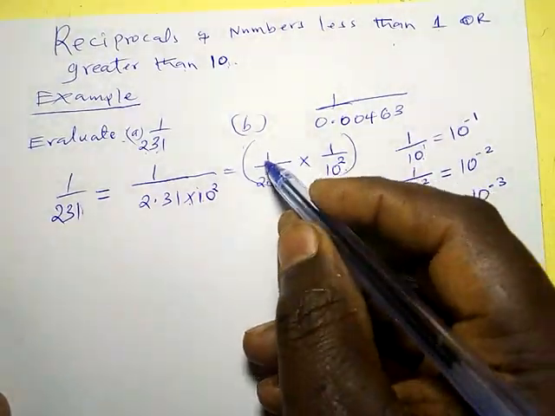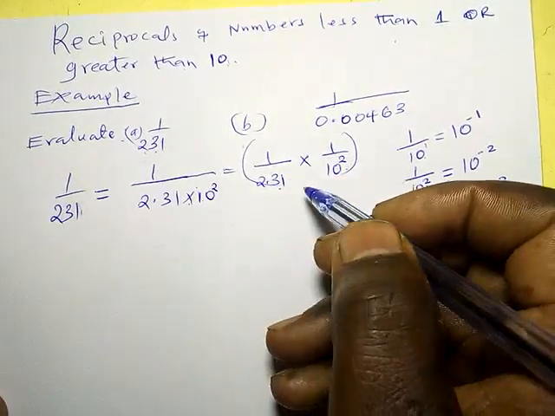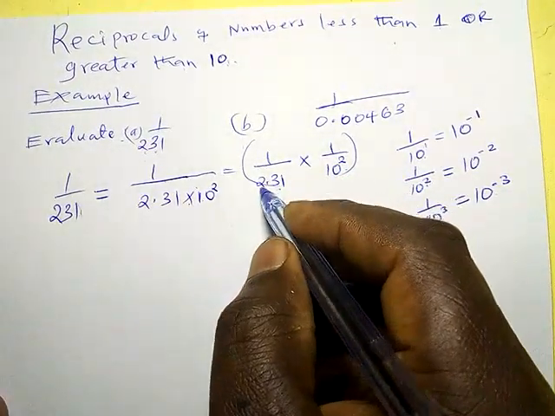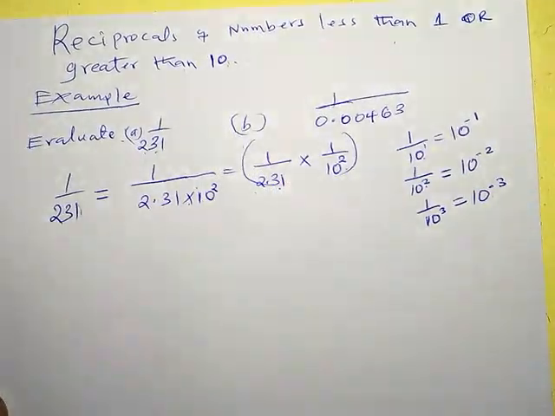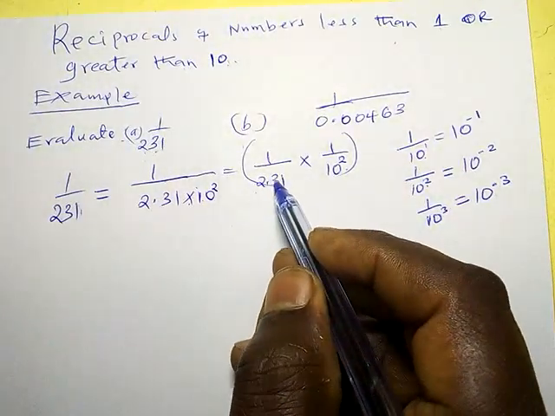So go to the table, find the reciprocal of 2.31. We know how to get 2.31 because we have learned how to get this one.